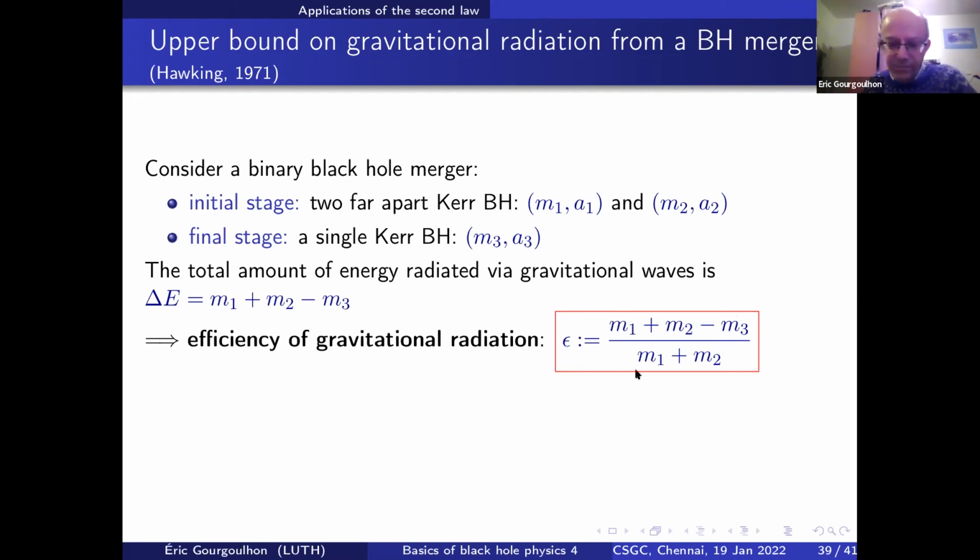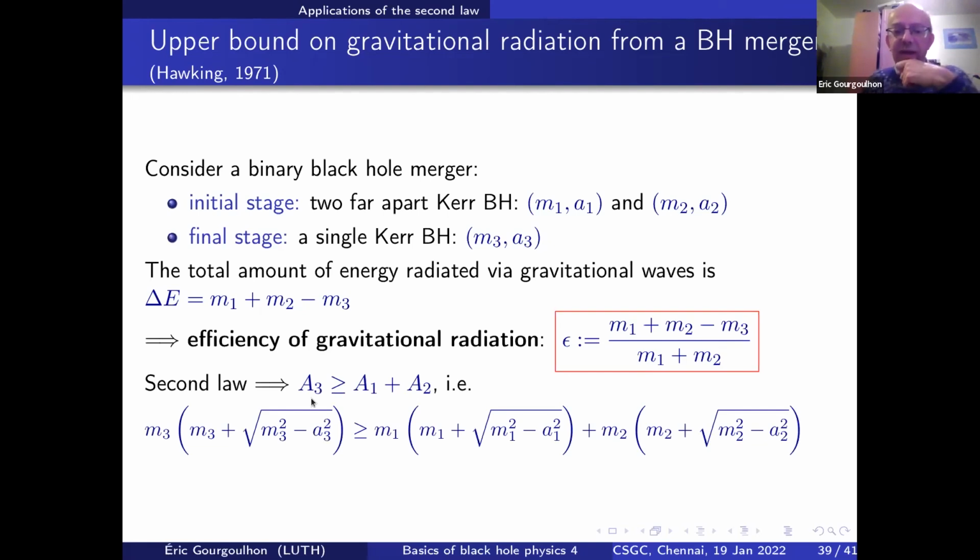Now, the second law tells you that the area of the final black hole must be larger than the sum of the areas of the two initial black holes. So if you replace the area by its expression in terms of the mass and the angular momentum, it gives you this inequality.